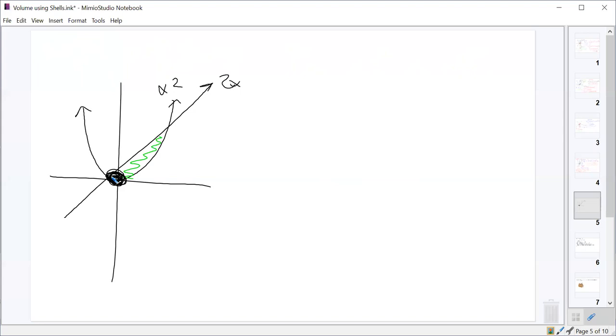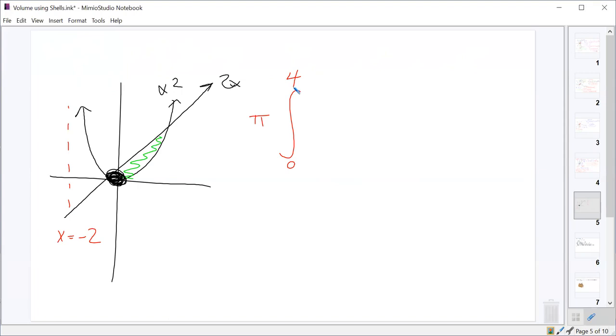Okay. And what if we, instead of revolving it around x equals 4, is that what we just did a second ago? Let's revolve it around x equals -2. How is that going to change things? Is the pi going to change? No. Is the lower limit going to change? No. Is the upper limit, which was 4, right, going to change? No.